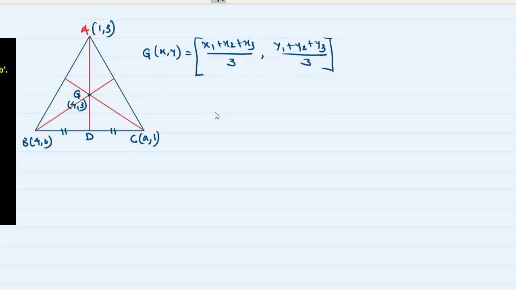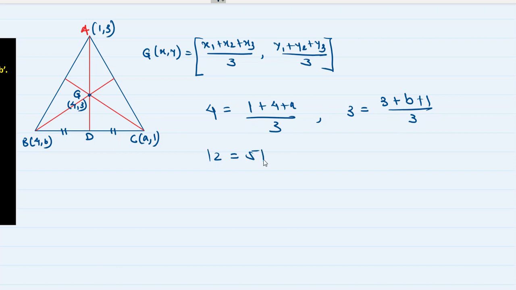So x is 4, which is equal to 1 plus 4 plus a by 3, and y is 3, which is 3 plus b plus 1 by 3. So this will be 12 is equal to 5 plus a. 12 minus 5 is 7, which is equal to a.